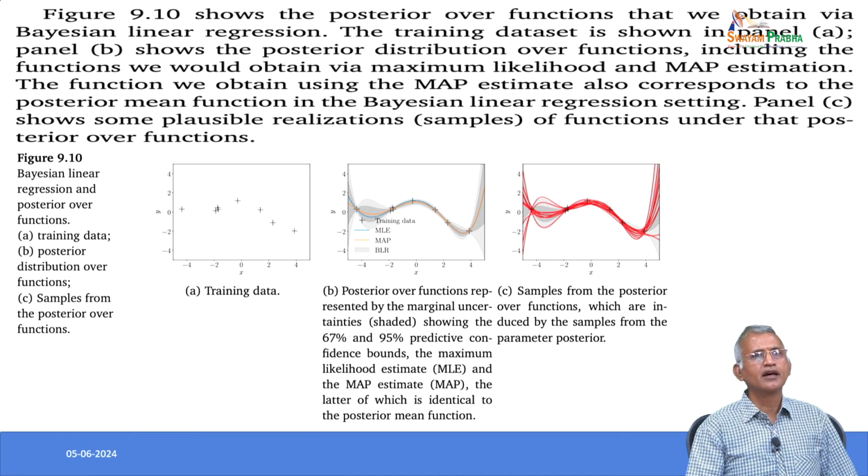The first panel shows the training data, and then the Bayesian linear regression posterior over function given the training data. Number 2 shows that the posterior distribution over function includes the function we would obtain through maximum likelihood and MAP estimation.